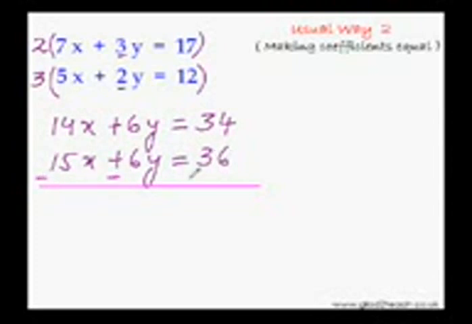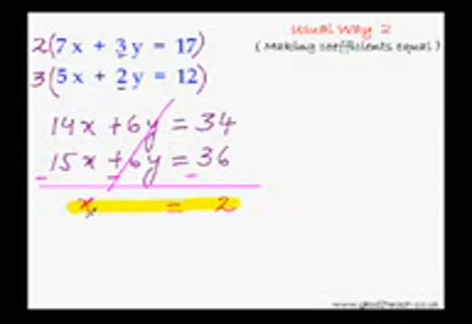This is positive, so it will also become negative. Now 14x minus 15x would be minus x. Plus 6y and minus 6y, they will cancel each other out. See, they get eliminated. And 34 minus 36 is minus 2. Since minus is present on both the sides, we can simply remove it, and we have the value of x. x is equal to 2.